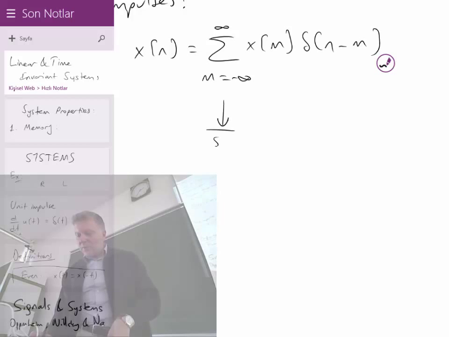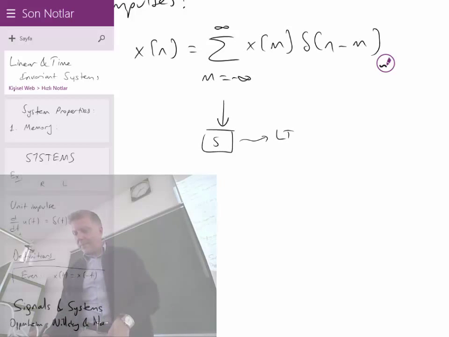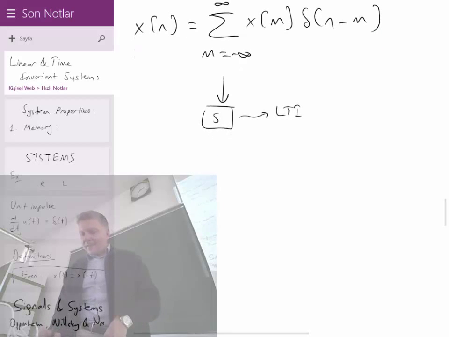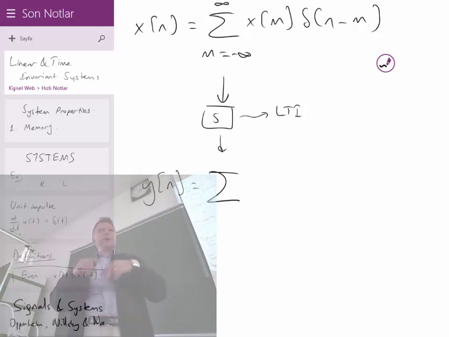When you input this into an LTI system, if the system has this property, then we have an amazing output. y of n is equal to the same summation. We are combining the inputs, so we have to combine the outputs. How do we combine them? By summing up over m from minus infinity to infinity.